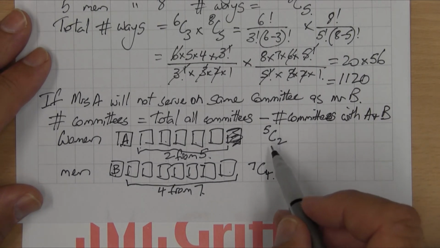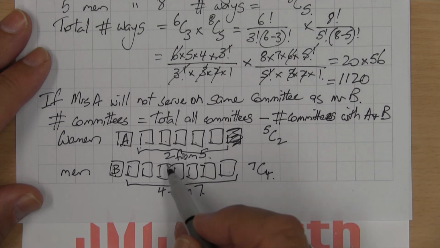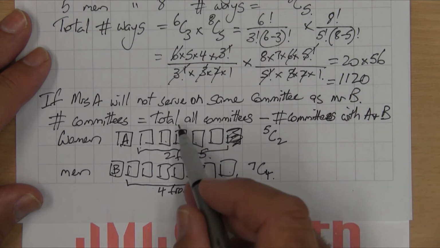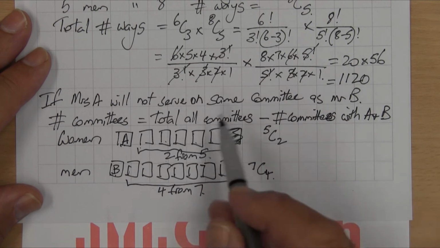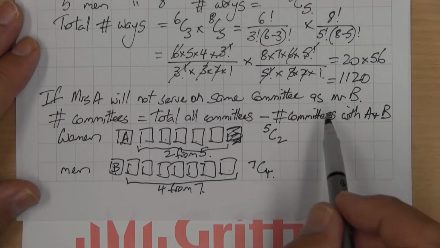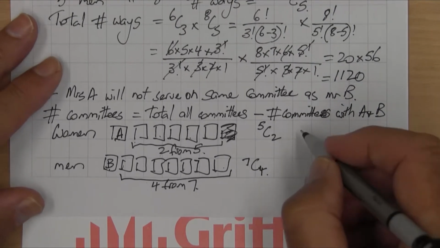So if we multiply these two, this will be the number of committees that will have both A and B on. Now if we take that away from the total number of committees, that will be the number of committees where A and B are not together.